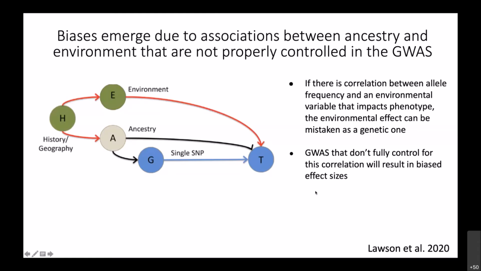The problem then is that GWAS that don't fully control for this correlation result in effect sizes that are systematically biased with respect to ancestry. And because our polygenic adaptation tests rely on testing for differences between groups that have diverged in ancestry, this can create biases in our polygenic adaptation tests.